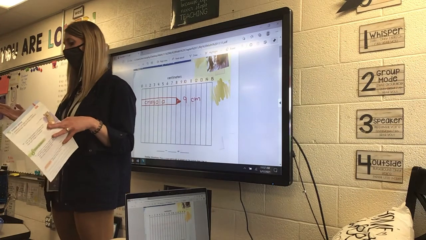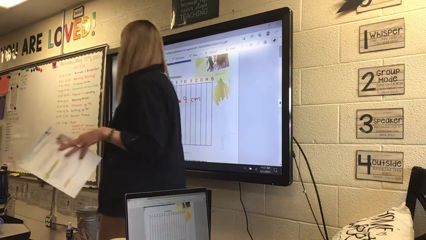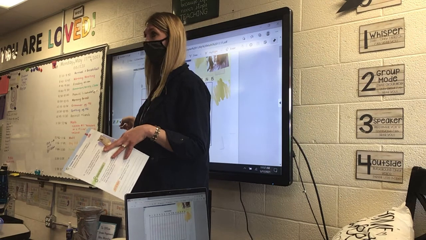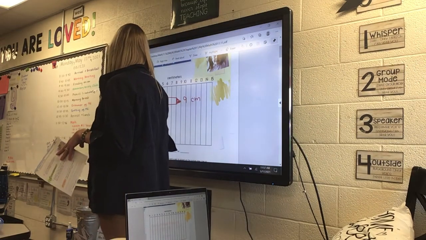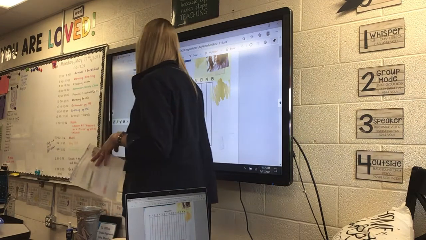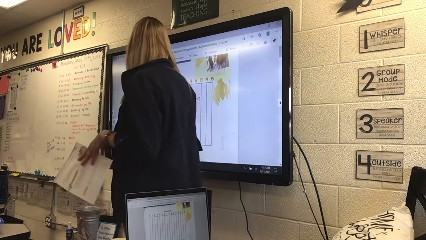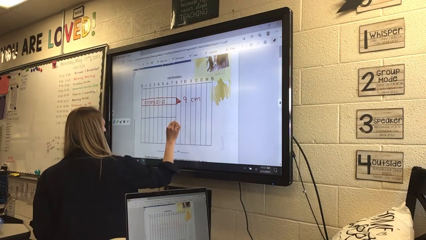Where does one end have to be? Okay, one end has to be at the 0, Mason said, and he is right. And then the other end, Mason says, is at the 8. When you guys lay your glue sticks down, do you get the same? Yeah? Okay. Perfect.